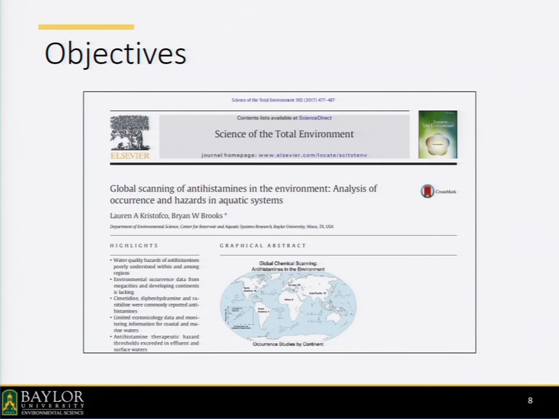If you suffer from allergies, you've likely already taken an antihistamine. And there's a wealth of pharmaceutical and mammalian toxicology data in existence for this class of contaminants. I had done a hazard assessment of antihistamines, identifying a number of gaps, in addition to the fact that we are relatively data poor for antihistamines.